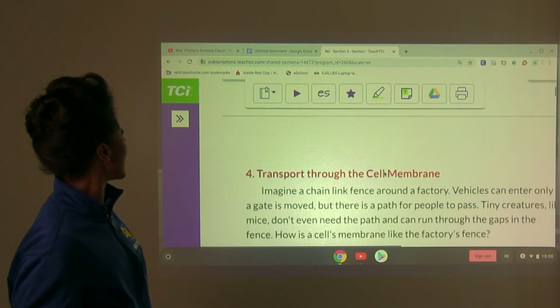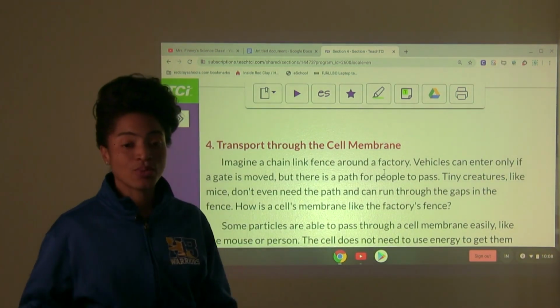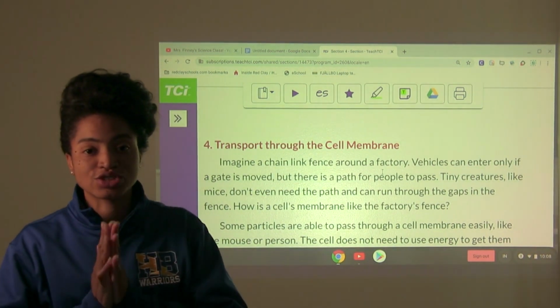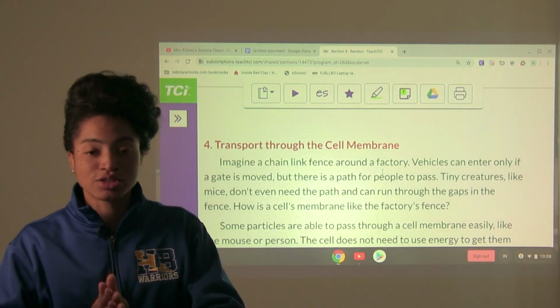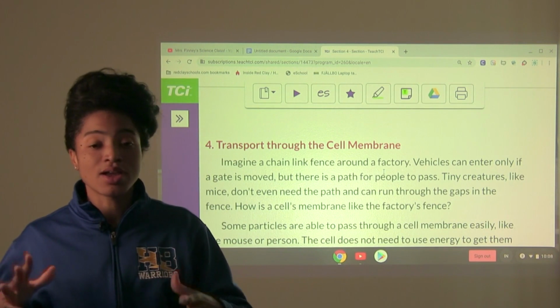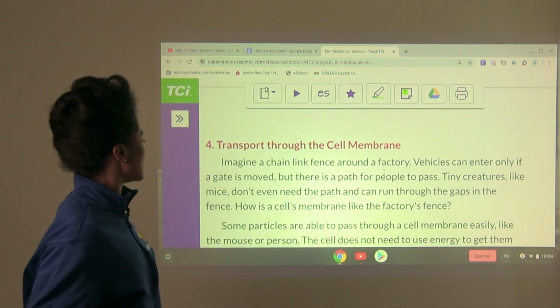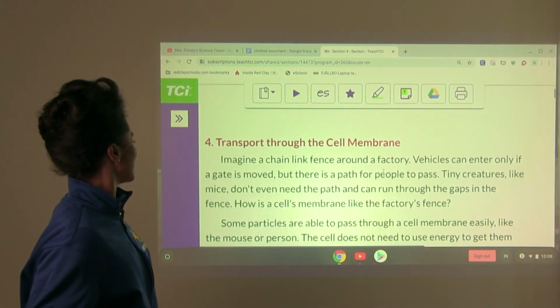In section 4, we're going to understand that we have 2 different strategies for transporting. So you either transport without energy or transport with energy. So one strategy or the other, and we'll see the different ways we can do that in this section.